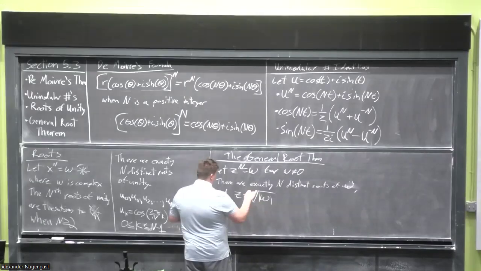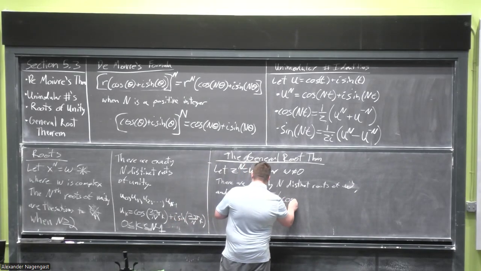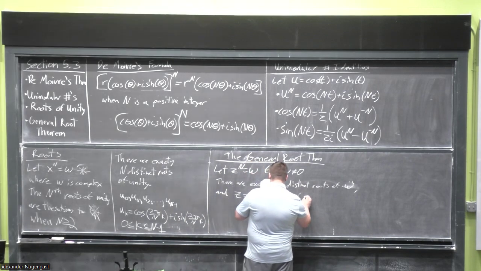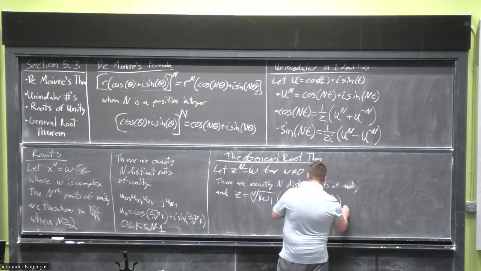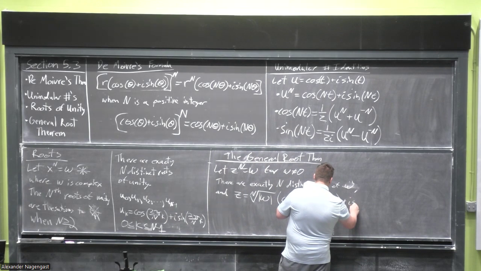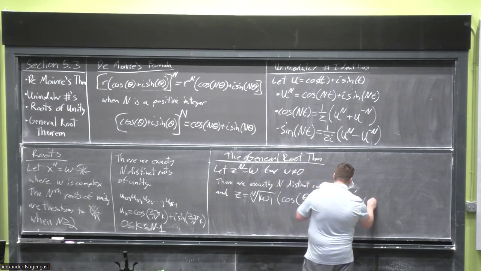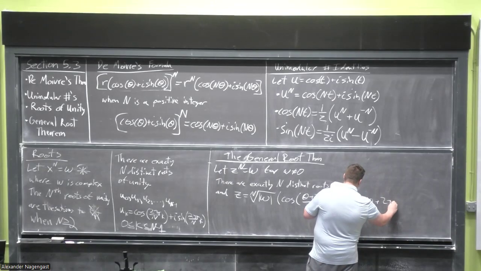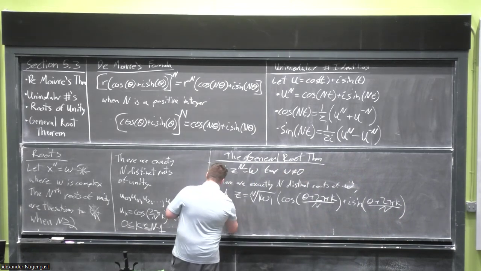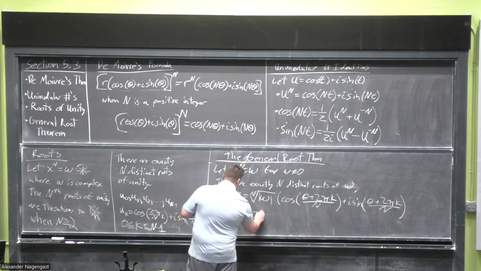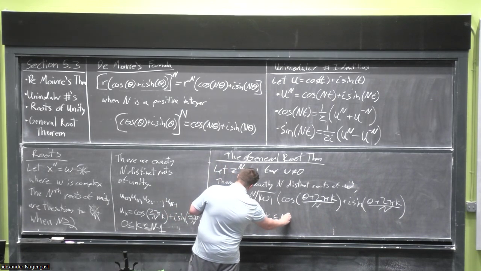So the nth root of the modulus of omega times cosine of theta plus 2 pi k all over n, plus I sine of theta plus 2 pi k all over n, where 0 is less than or equal to k, less than or equal to n minus 1.